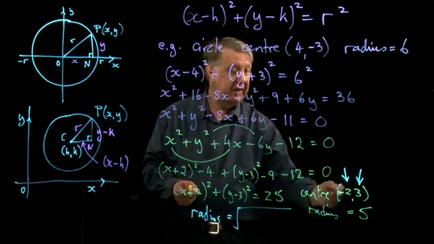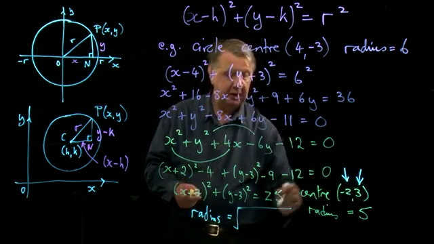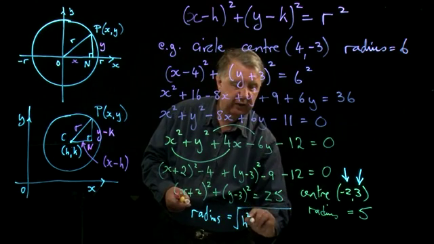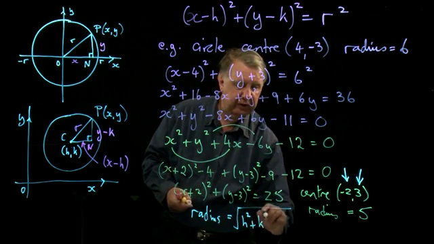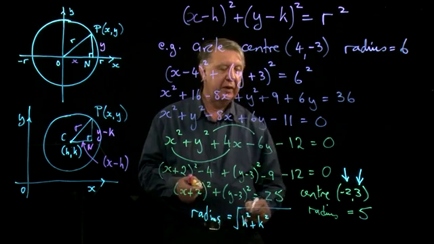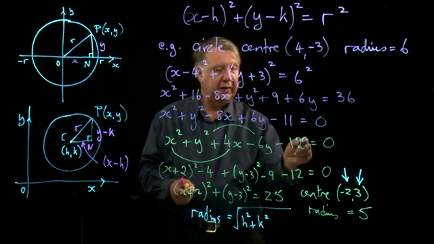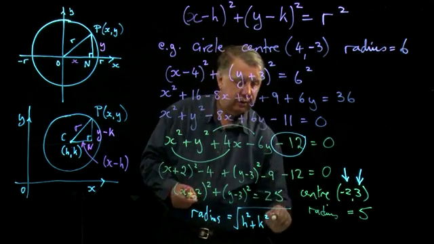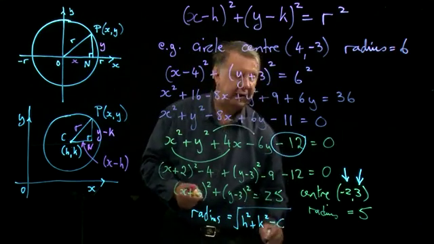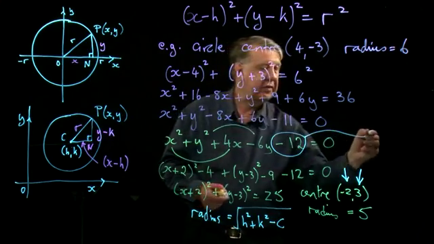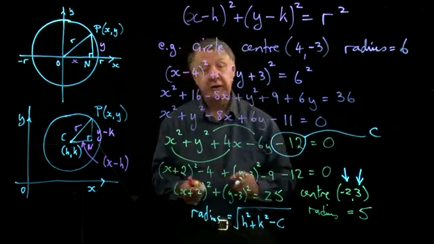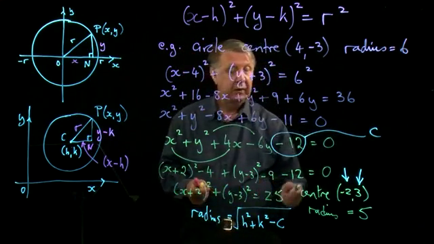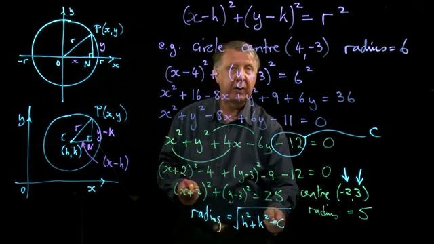square this number, square that number, so that's h squared and k squared, and then you take away that. And if I call that c, which it usually is denoted by c, in this case I'd be taking away -12, so I'd be adding 12.